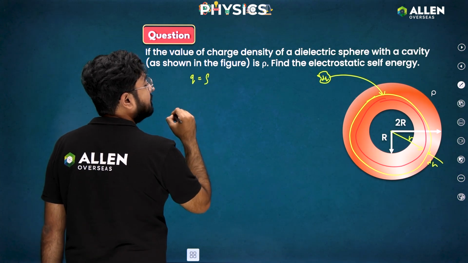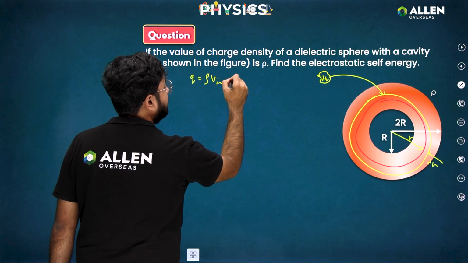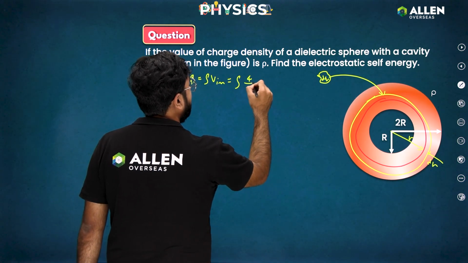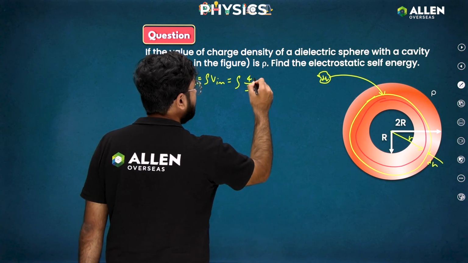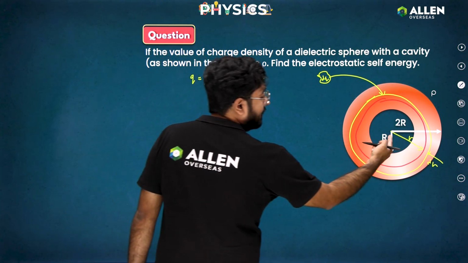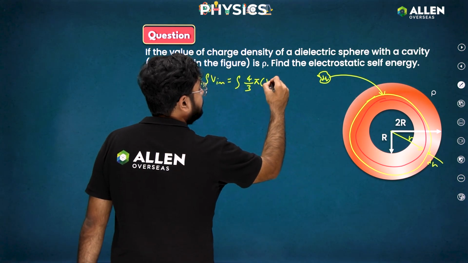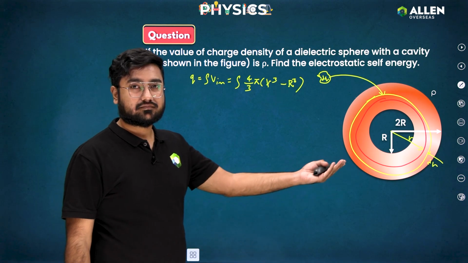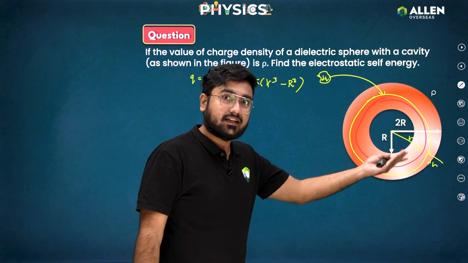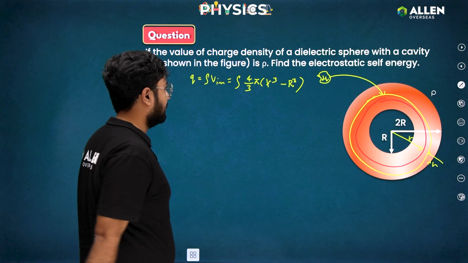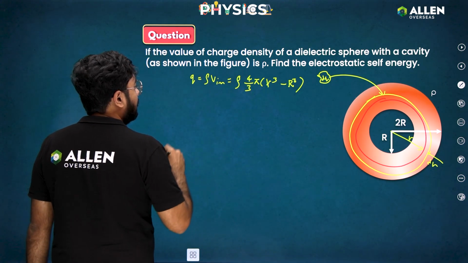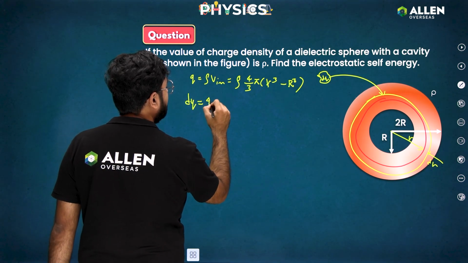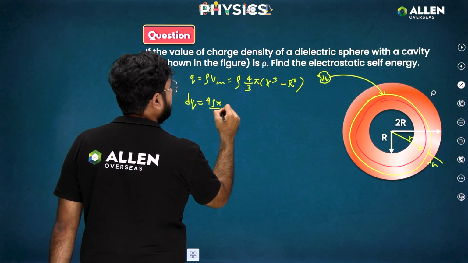Charge is rho times the volume that is inside. How much is the volume inside? That is 4 by 3 pi, small r cubed minus capital R cubed. Check. Volume that is inside. Yeah, definitely. Okay, what will be dq? Differentiate this thing. So this will be 4 rho pi by 3.